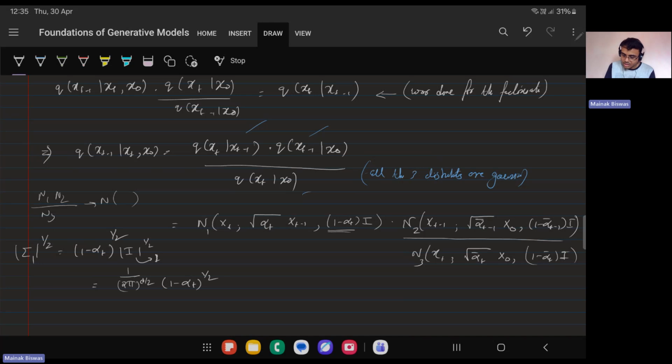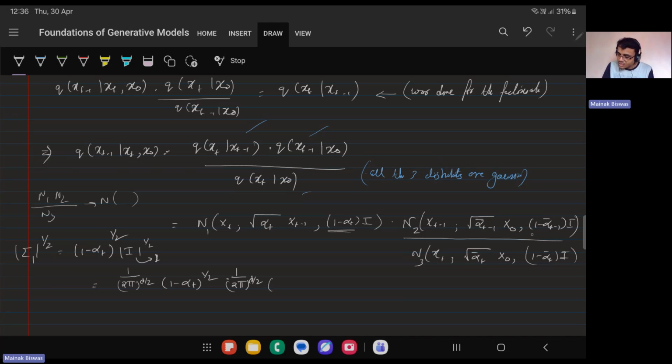I will get another term 1 by 2 pi to the power d by 2. That is the dimension of the latents or the image dimension. One thing to note here is that the encoding does not bottleneck in a diffusion model. The input dimension and the latent dimension are the same for a diffusion model, because you're just adding noise, so the dimensionality should remain the same.